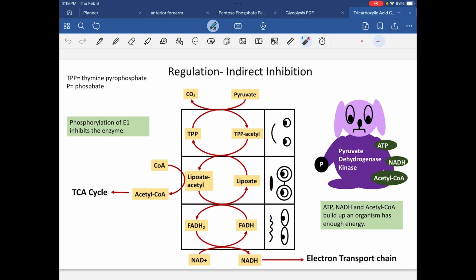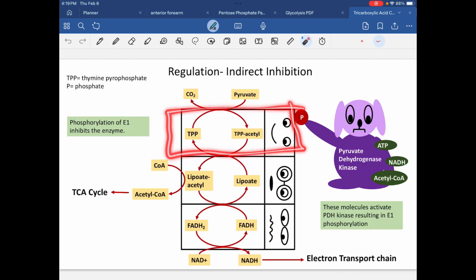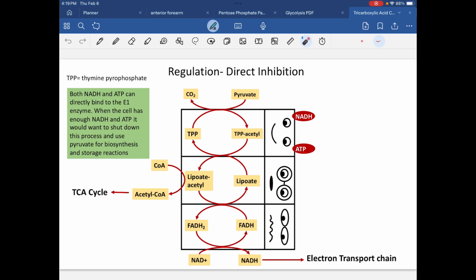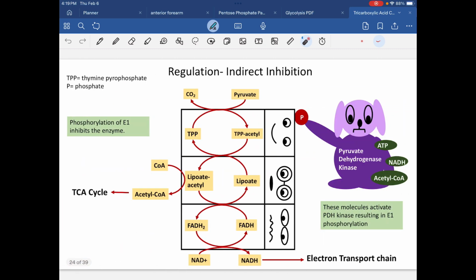When these molecules bind to pyruvate dehydrogenase kinase, it's going to take a phosphate group and attach it to this enzyme. This phosphorylation, or adding a phosphate group to enzyme 1, is going to inhibit or slow down the process. Same idea as this first example, we just have an intermediate step.